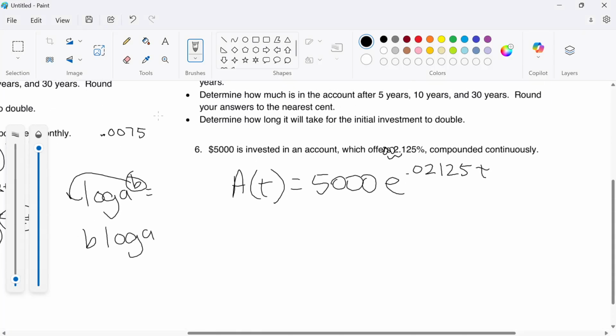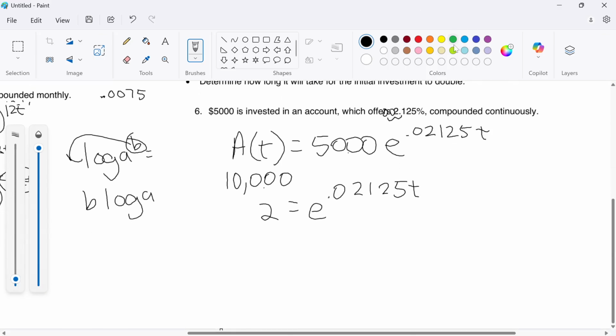And now I want to know how much time it will take to double. So again, to double 5,000 is going to be 10,000. And 10,000 divided by 5,000 is 2, equals e to the 0.02125t. I want to solve for t. I will take the natural log of both sides.